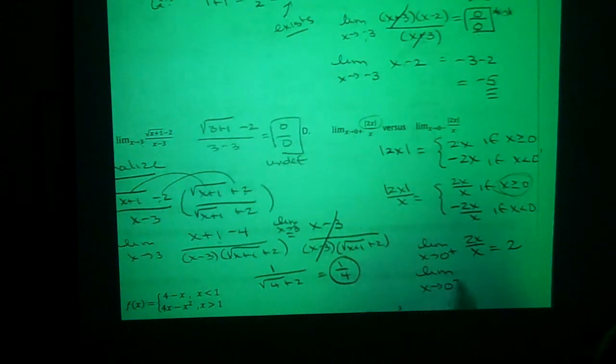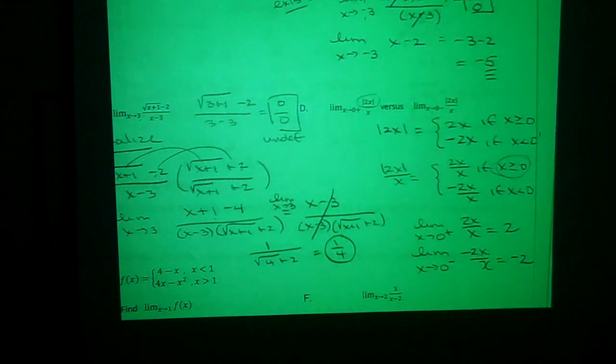But if I come from the left, I'm going to be plugging into the other piece and getting a limit of negative 2. So if you have to come from the left and the right on an absolute value, you need to rewrite it so you know what piece to plug into.